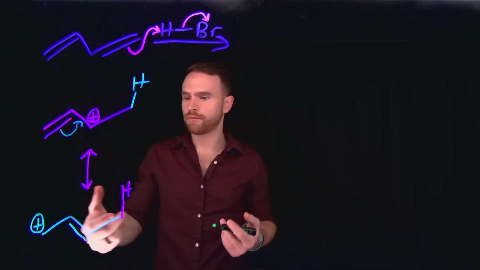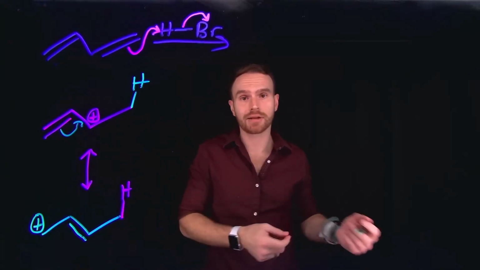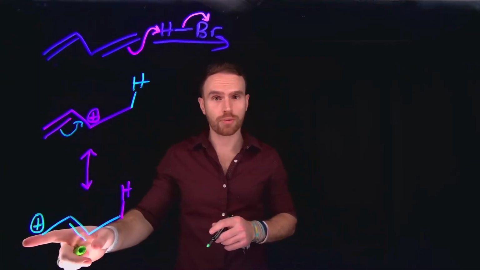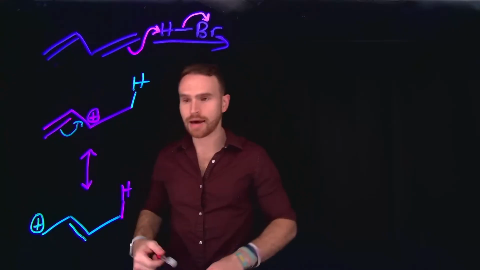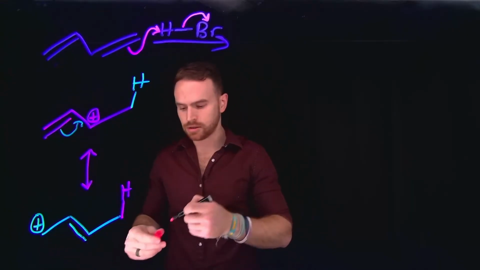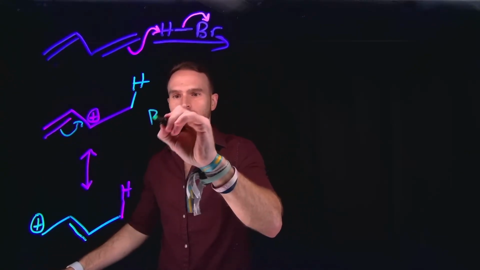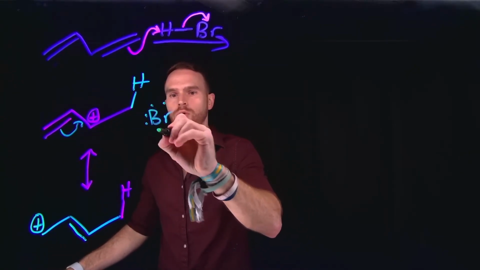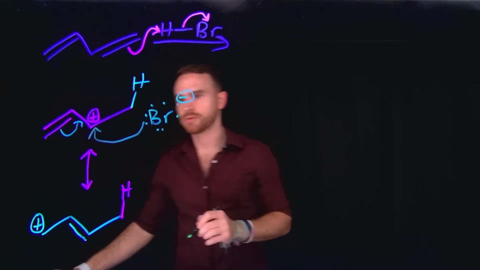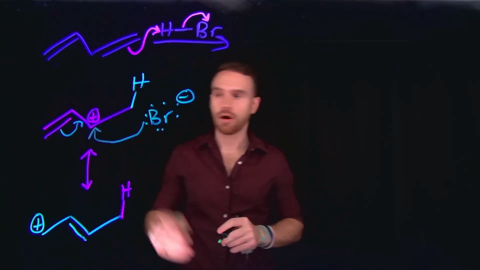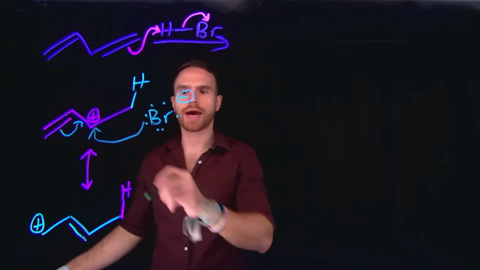Now we know, for example, that the more substituted carbocation is going to be slightly more stable than the terminal carbocation that's formed via this resonance structure. So what that means is that when the bromide comes in to attack, the faster reaction is going to occur when the bromide attacks at this more substituted position, where the carbocation has two R groups, making it a more stable carbocation.